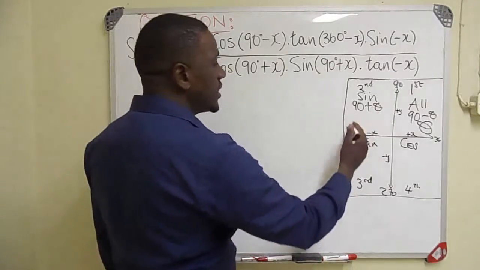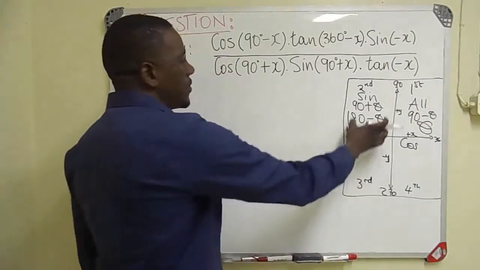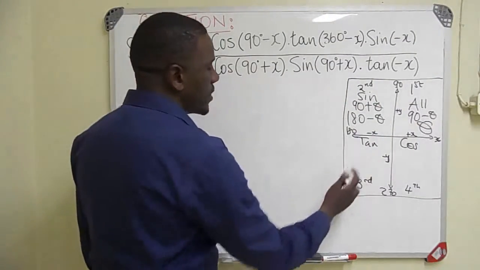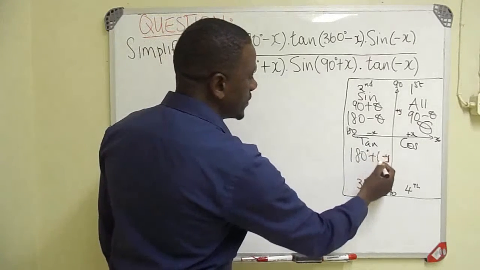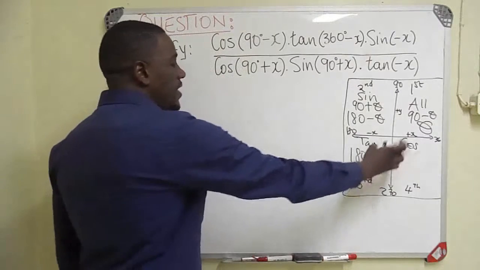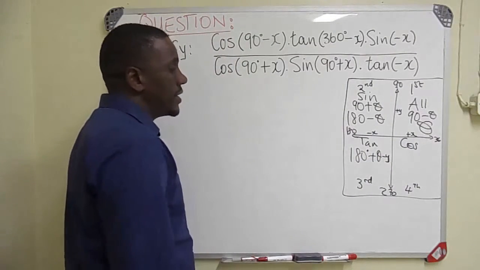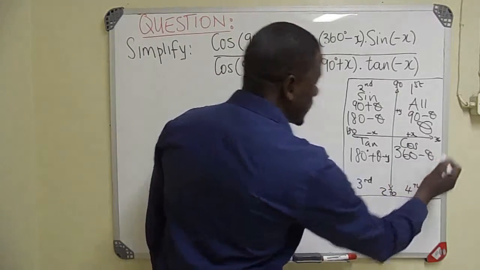Also, using reduction, we use 180 minus theta to find an angle in the second quadrant. In the third quadrant, we use 180 degrees plus theta. And here we have 360 minus theta.